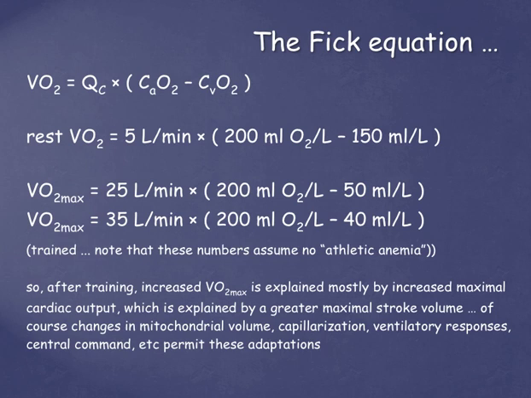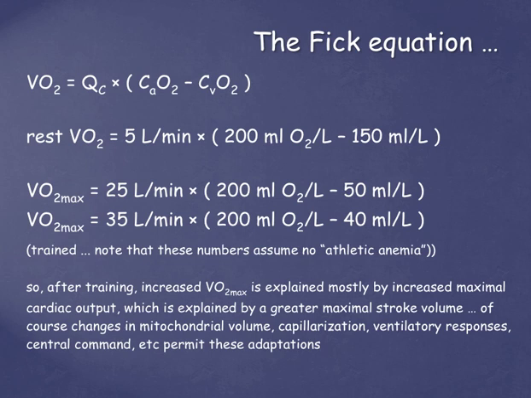And then that next line shows you VO2 max for a trained individual. So maximal cardiac output has increased to 35 liters per minute. And I'm showing 200 mLs of oxygen per liter, so that's assuming there's no athletic anemia. It's just easier for us to look at it this way when we have the numbers.